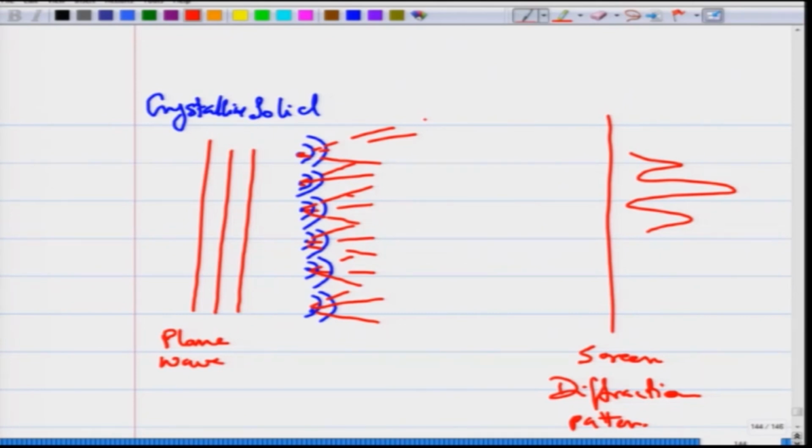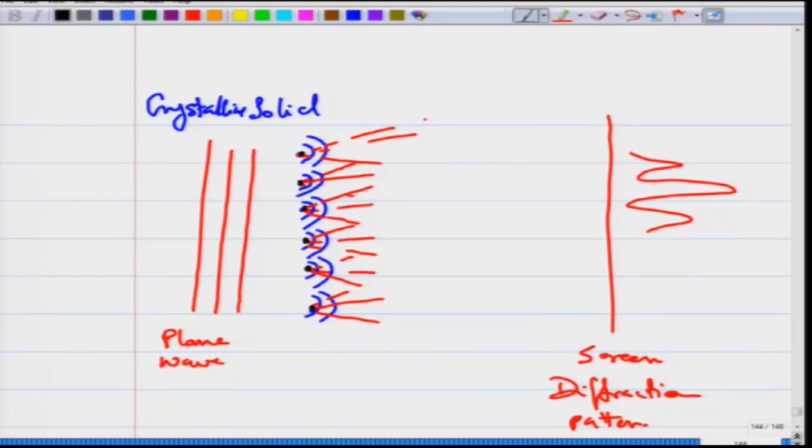For a crystalline solid, you have this periodic arrangement of atoms placed inside the crystal, and each of these atoms can act like a source of scattered light. They will generate these spherical wavefronts, the light will get scattered in all directions, and then again they will interfere and you will get a diffraction pattern. So, you should typically observe a diffraction pattern, but what is the requirement to observe such a diffraction pattern?